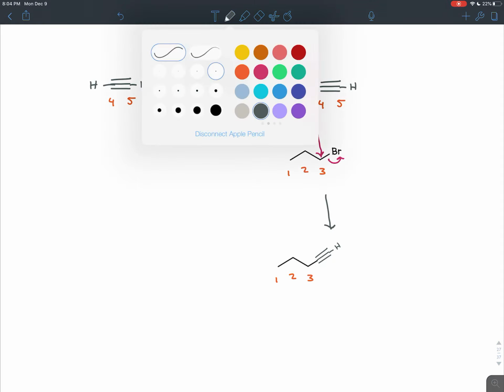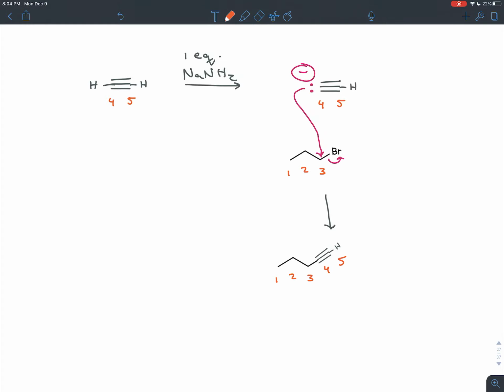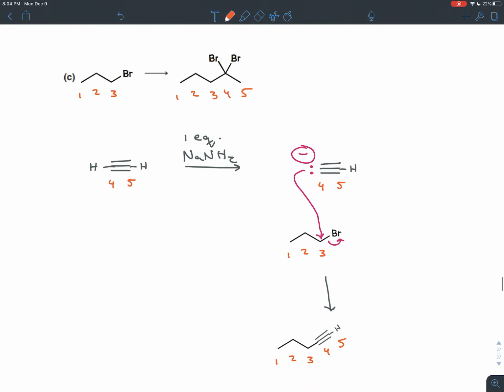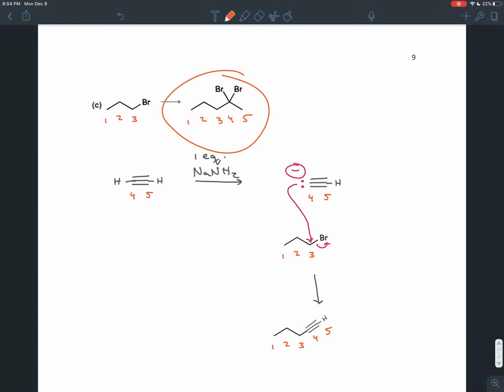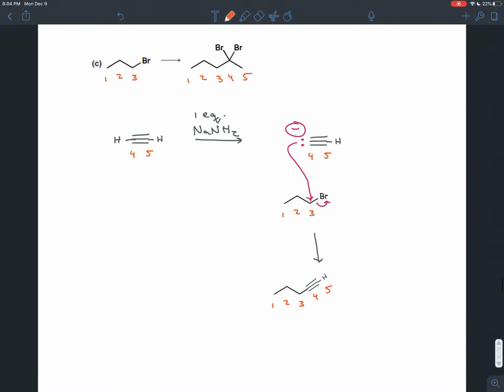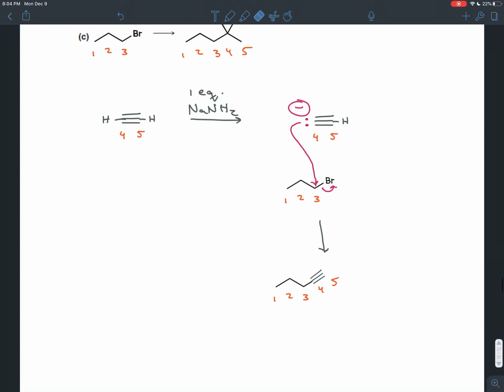So that gives us our 5 carbons. Those are the 5 carbons that we needed. So now our carbon chain is looking good. I'm going to erase this hydrogen here. It's still there, but it's just implied in the skeletal structure.